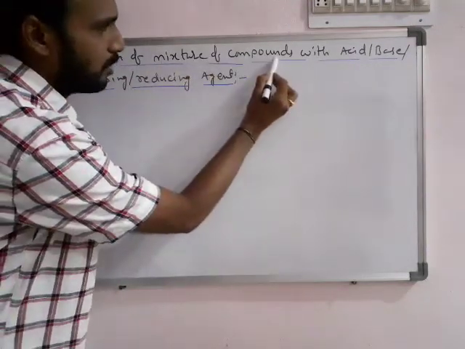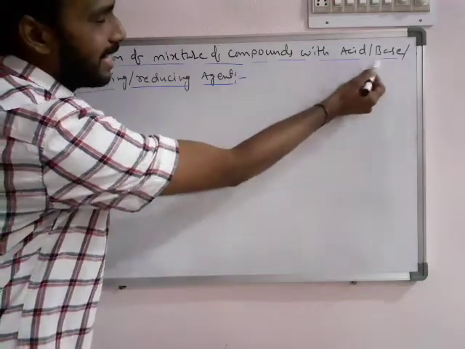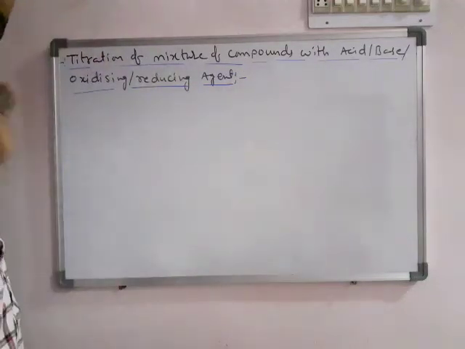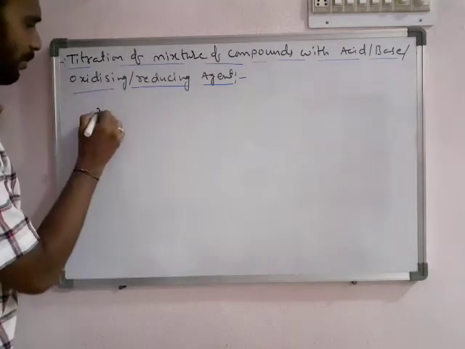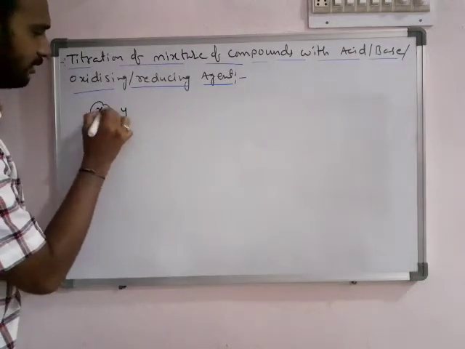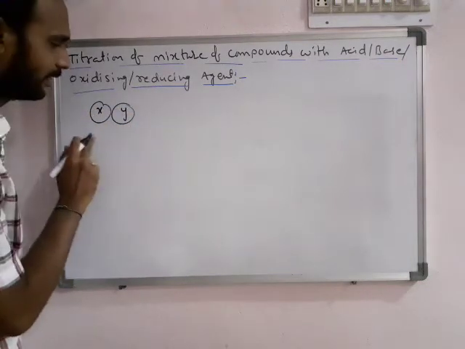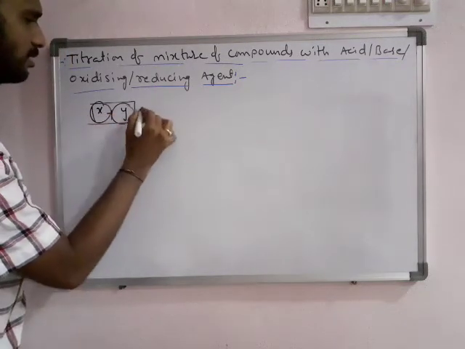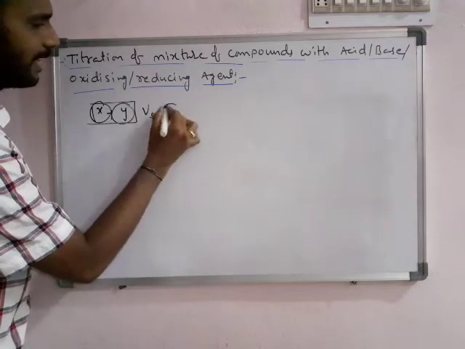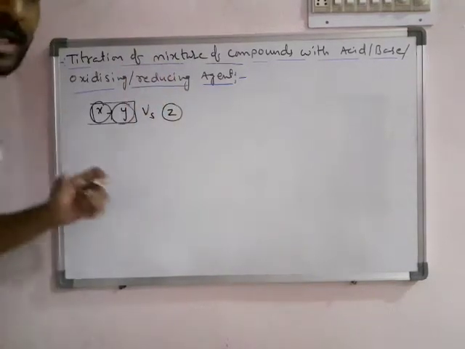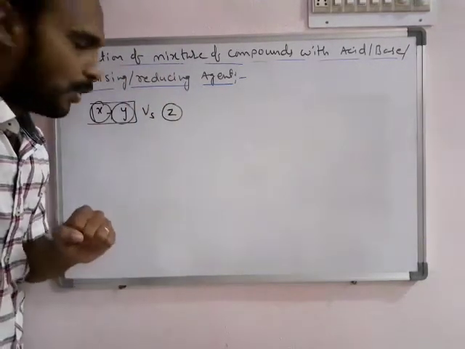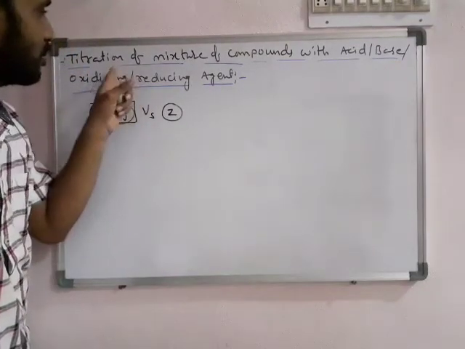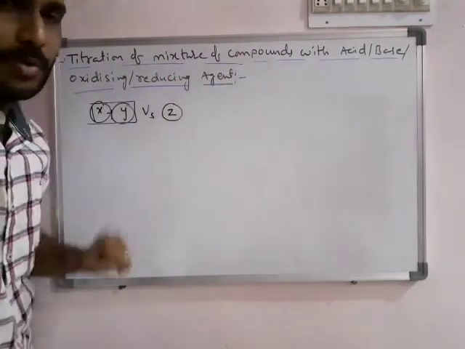Generally, normal X and Y are reacted or titrated. Here the mixture of these compounds is reacted with another substance. Here we are going to discuss the reaction of a mixture of compounds.